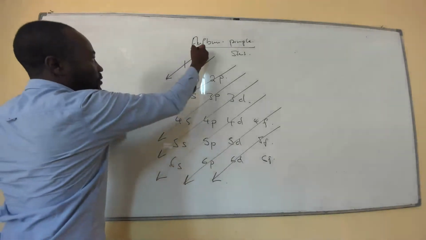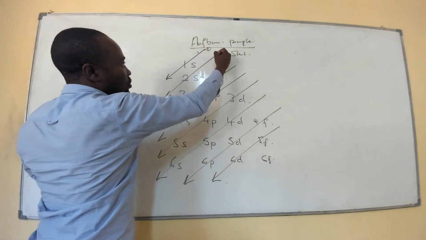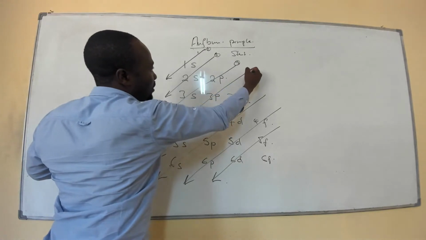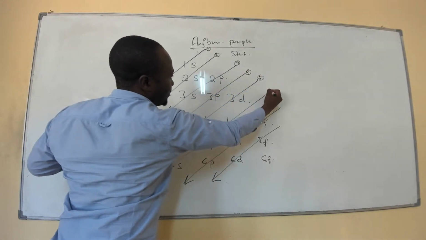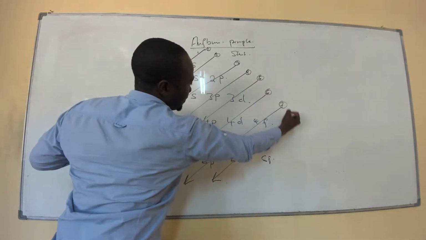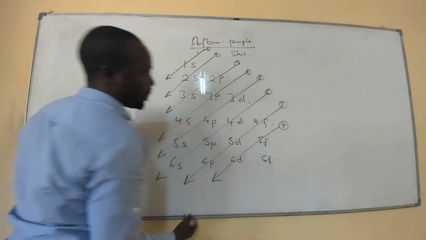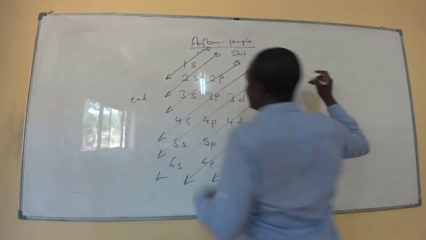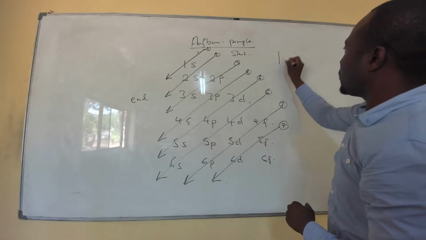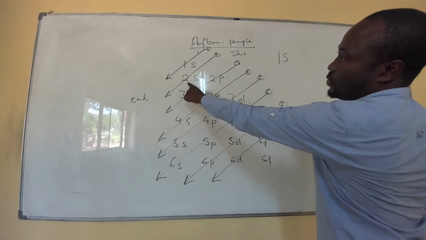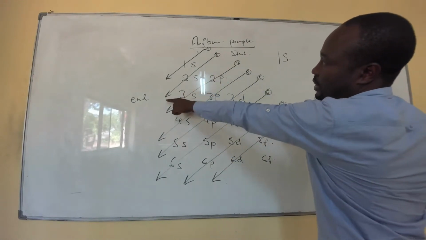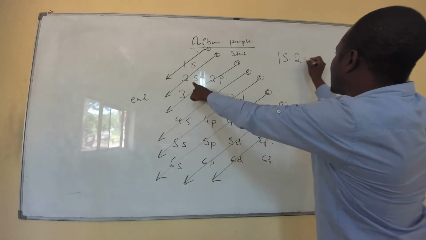So we have 1, 2, 3, 4, 5, 6, 7, 8. In the first one, there is only the 1s. In the second one, we start from here going down there: there is a 2s.